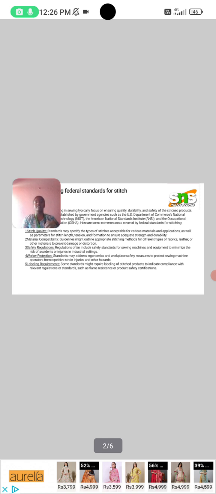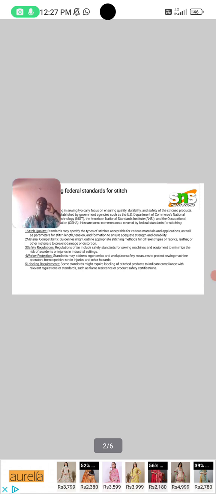There are various types of stitches used in sewing, each serving different purposes and offering different characteristics. Stitch classification typically involves categorizing stitches based on their structure, function and appearance.